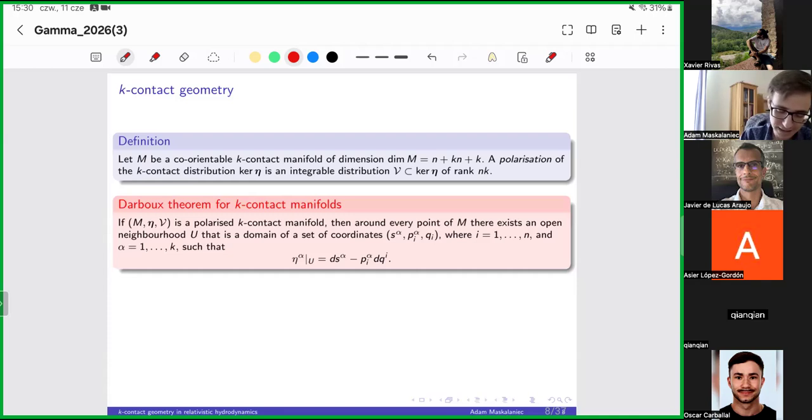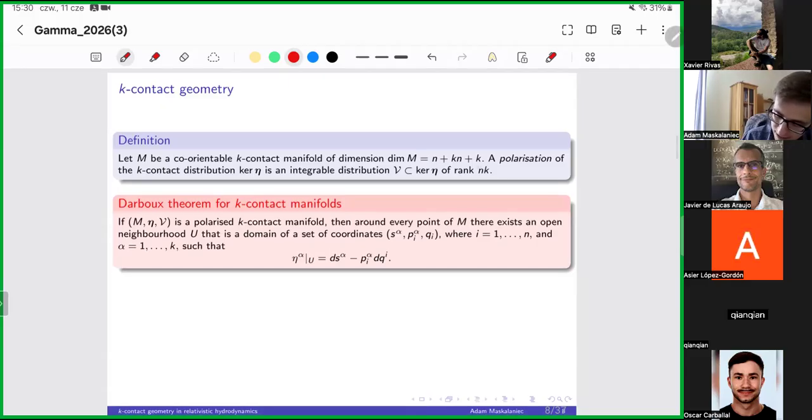So moreover, I say that a K-contact manifold of dimension n plus kn plus k admits a polarization if the K-contact distribution, the kernel of eta, admits an integral distribution V of rank n times k.